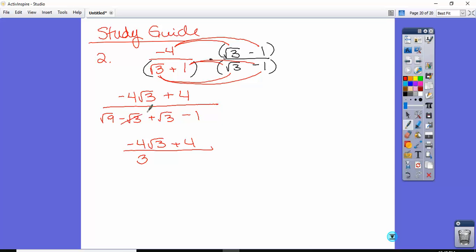Negative radical 3 and positive radical 3 cancel, so we have 3 minus 1, which is 2. There's actually one more step we can do here. What would that be? Divide by 2. So that gives me negative 2 radical 3 plus 2.